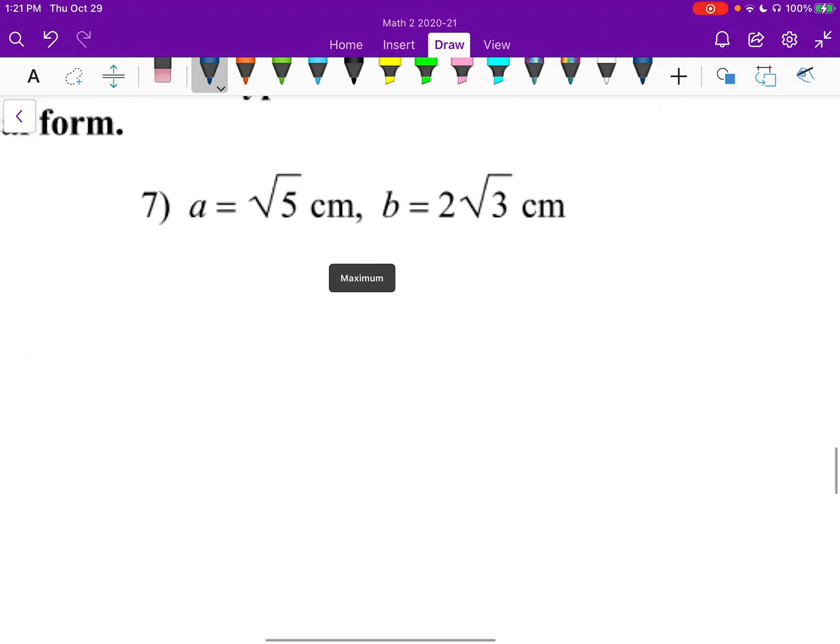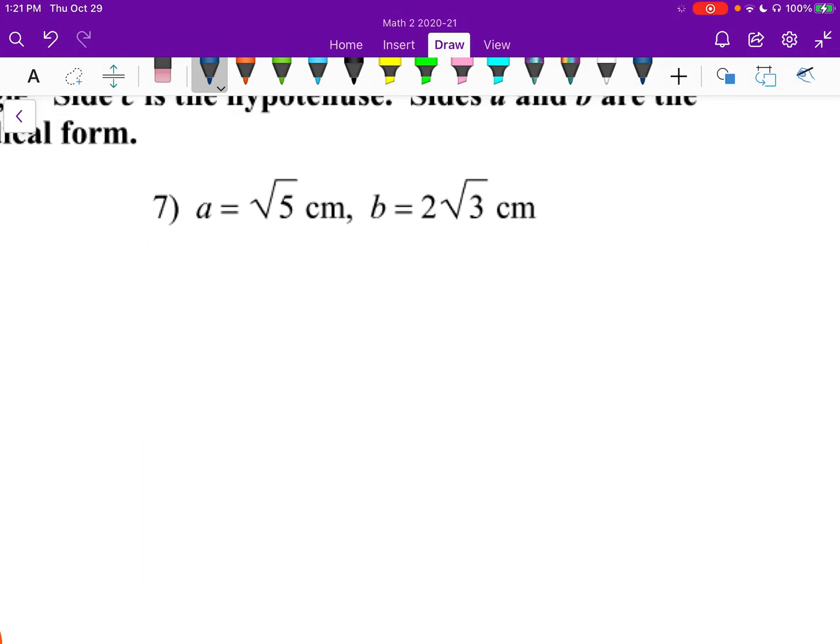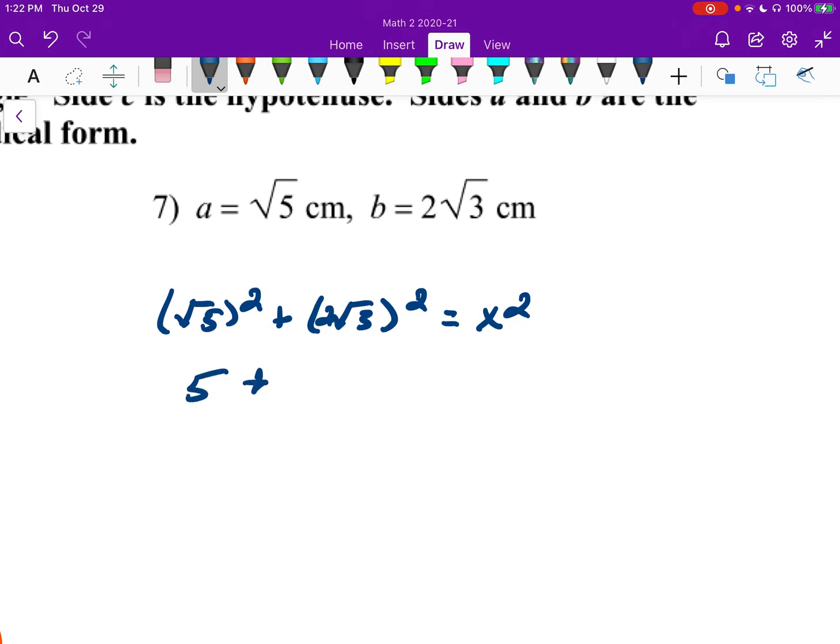Number 7. So plugging in for A and B, and then C is going to be X. I'll say, well, root 5 squared plus 2 root 3 squared equals X squared. So my root 5 just goes away and it's a 5.